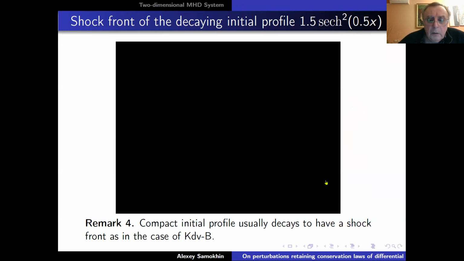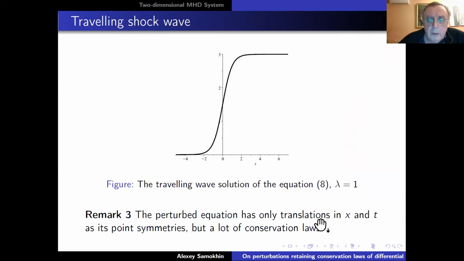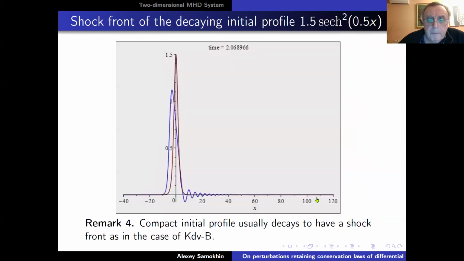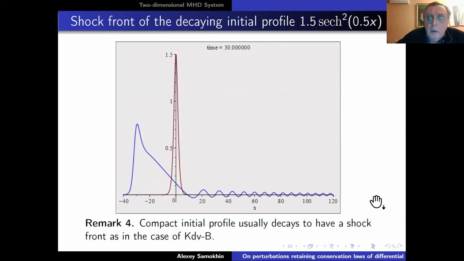If we start with some compact profile, then the result of decay is a shock wave with an oscillating tail, which moves to the right with very high speed.